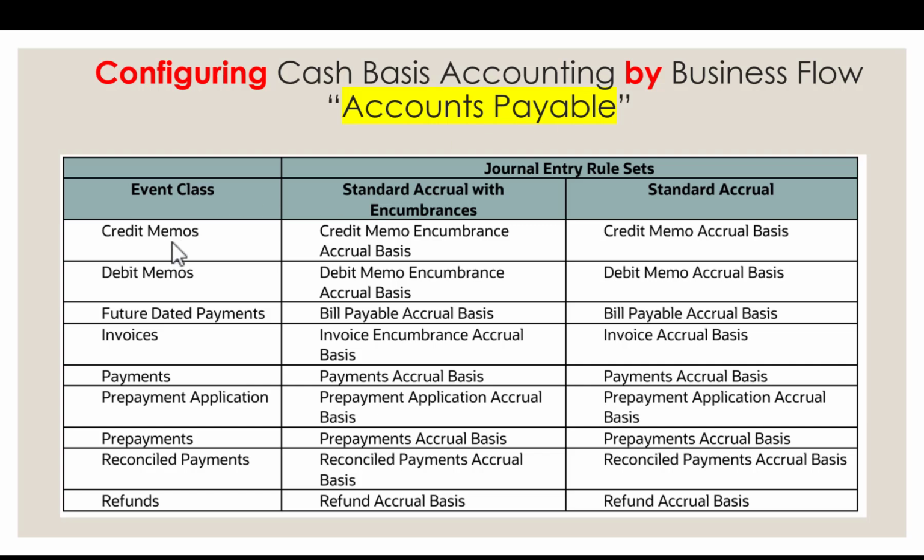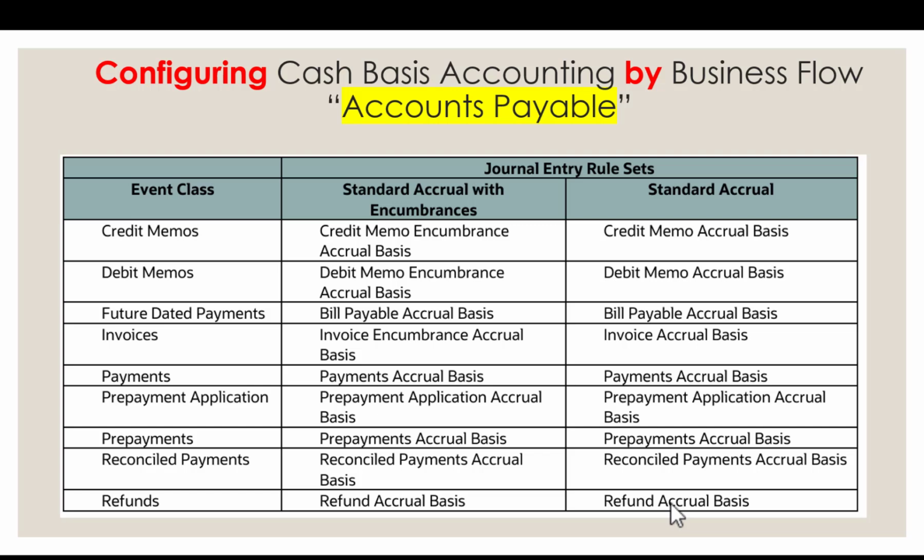For the credit memo: standard accrual with encumbrance, credit memo encumbrance accrual basis, credit memo accrual basis; debit memo the same; future dated payment accrual basis; invoices encumbrance accrual; payment accrual; prepayment application accrual the same; prepayment the same; reconciled payment accrual basis the same; refund accrual, and refund accrual basis.